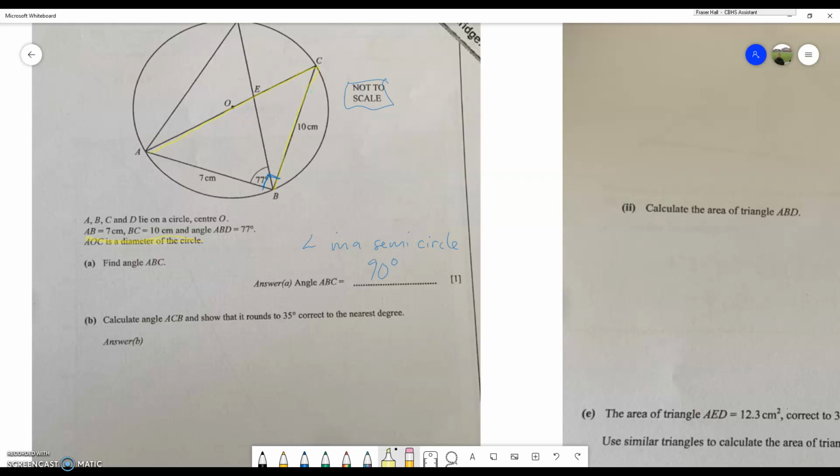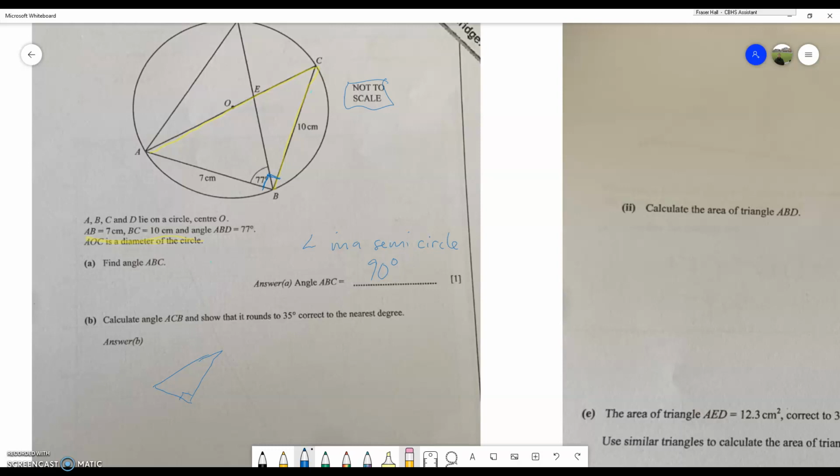And because we worked out on the last one that's 90 degrees, we're going to use right-angle trigonometry to answer this question. It's always a good idea to draw a diagram, so that you're a bit clearer rather than trying to use the original diagram, because it can get confusing.